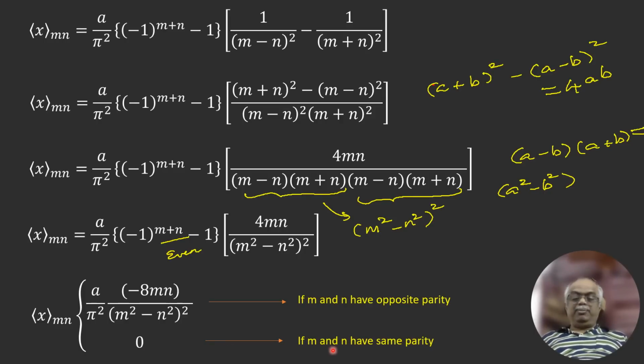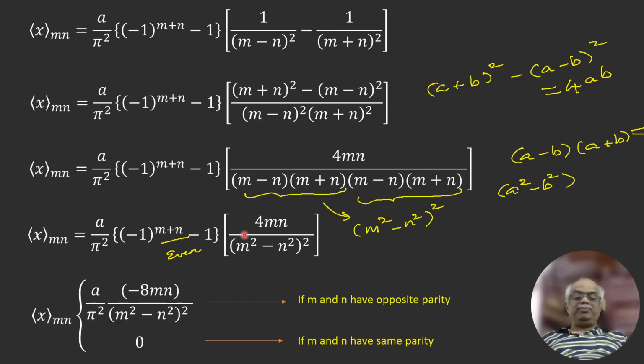That is, if m and n have the same parity, either odd parity or even parity. If it is opposite parity, say m is odd and n is even, if you add both, you will get odd parity only. This will become minus 1. So minus 1, you will get minus 2.